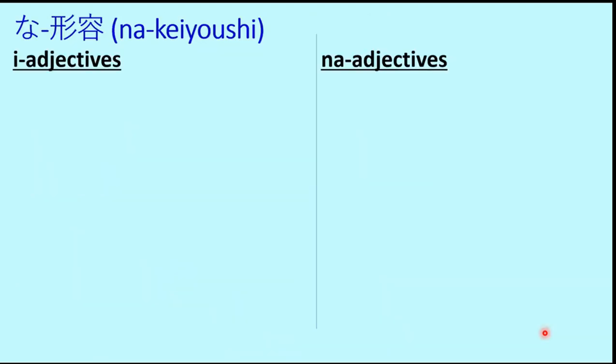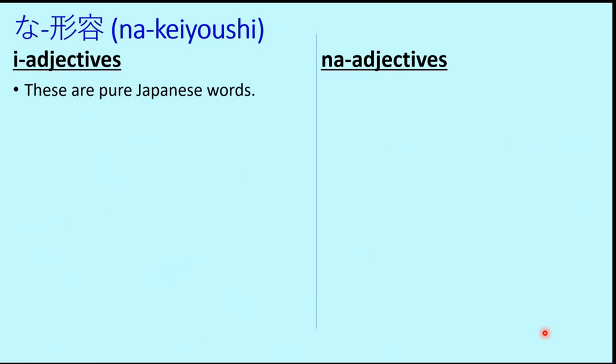So now let's move into the na adjectives, which is the topic of discussion for today's lesson. What we will do is compare the features of i-adjectives and na-adjectives so that the difference between the two will be made very, very clear to you. So as we know from the last lesson, the i-adjectives are basically pure Japanese words.